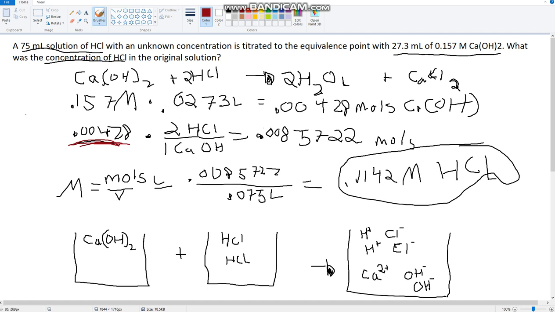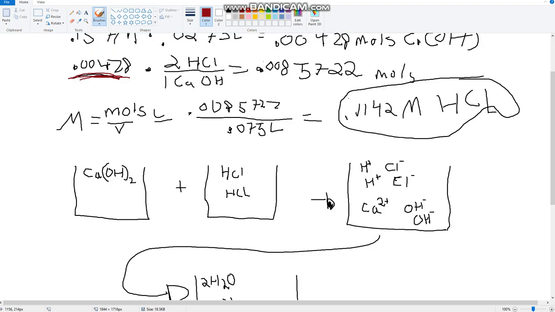As well, if you don't change the milliliters to liters, you will not get the right answer because molarity is equal to moles over liters, not milliliters. To make it milliliters, you would have to do much more work, and you don't want to do that. You want to go the easy way.